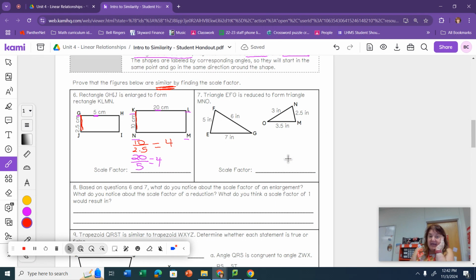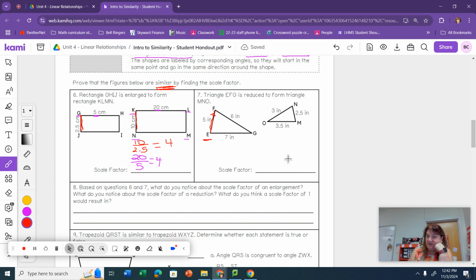Triangle EFG is reduced to form triangle M. Okay, now look where it's starting. E is here. We go from E to F. I want you to see where we went.